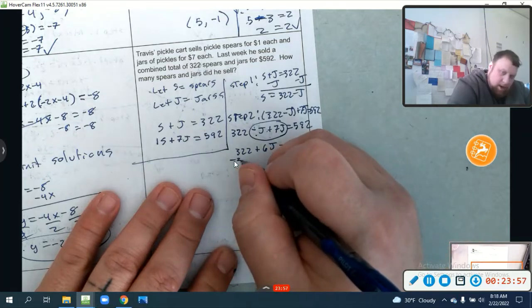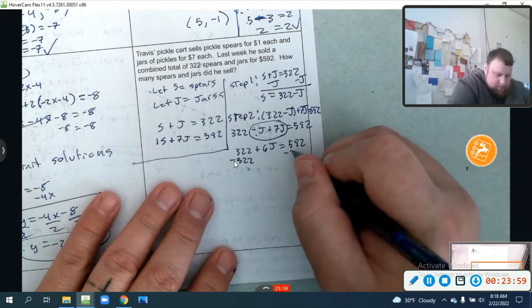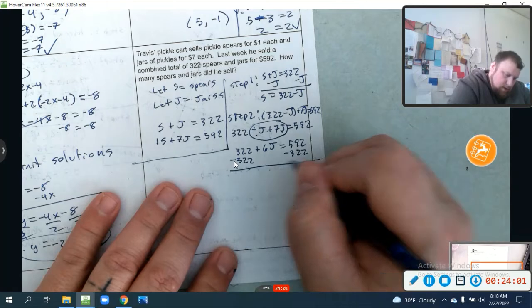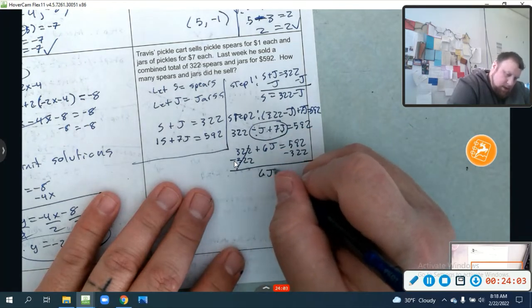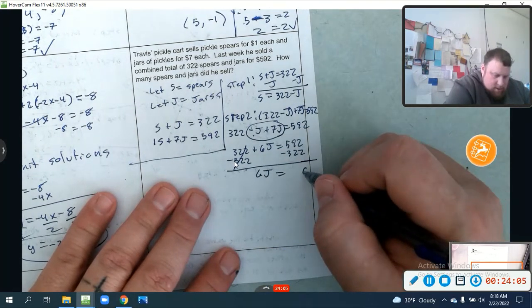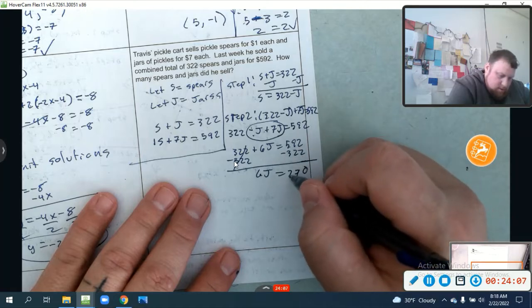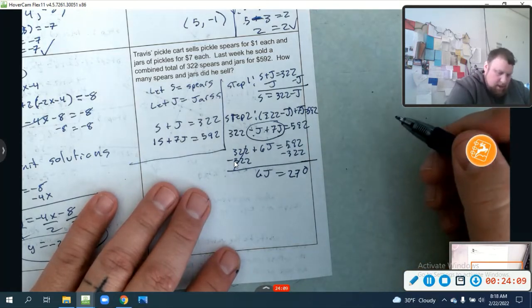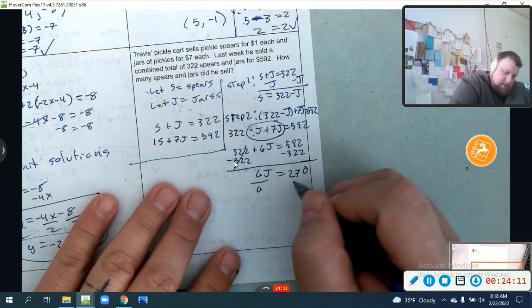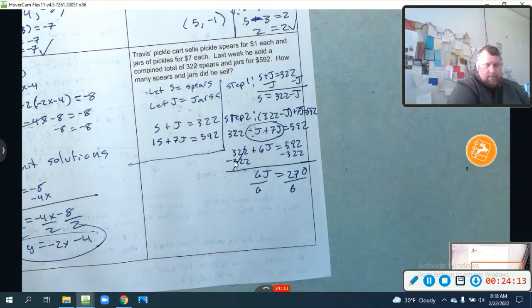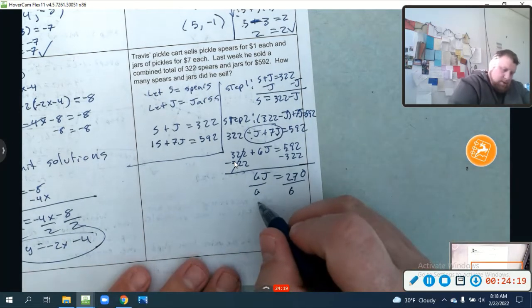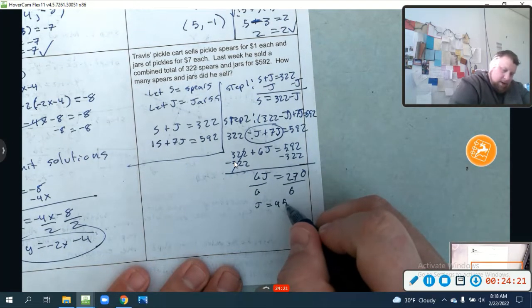I might as well subtract 322 over. And what do I get? 6J equals 270. Look at that. Divide both sides by 6. And we get that J equals 45.